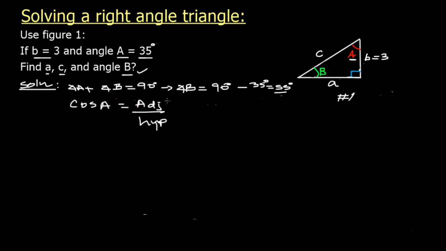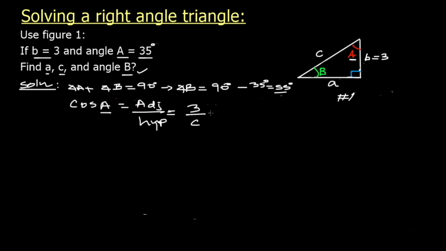So that means this is equal to, our adjacent side is 3, divided by the hypotenuse, which is C. So from here, we know the value of A, we know the value of 3, which is our adjacent, and the only thing that's unknown is C. So we can solve for the hypotenuse right here.